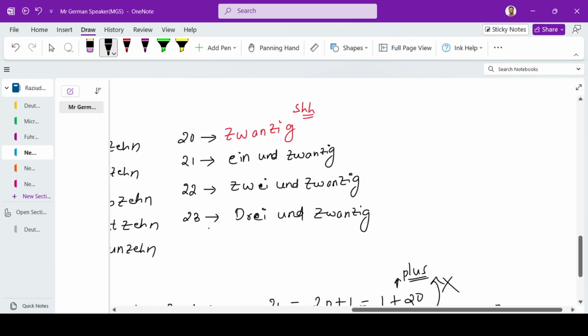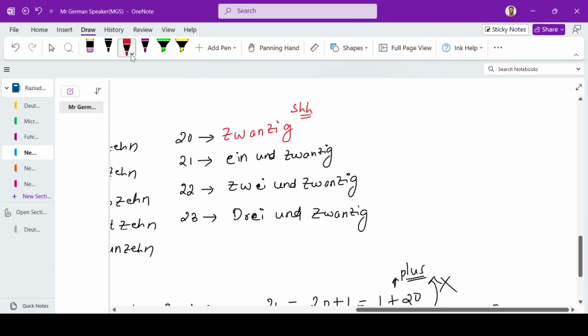So that's the trick. For all the numbers from here on, even hundreds, thousands, whatever, the same format follows. That is a number followed by 'and', then followed by a number. So we will see how we write bigger numbers.